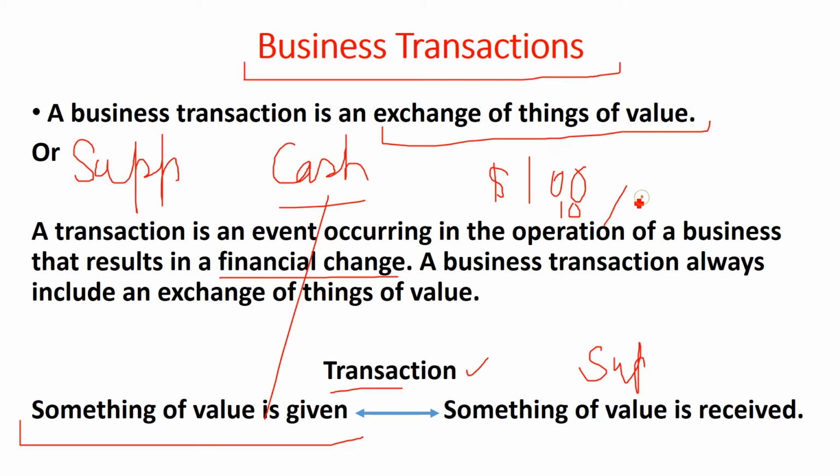At the end we have $90 left. So it is a business transaction that results in a financial change. A business transaction always includes an exchange of things of value. So now you know very well about the business transaction.